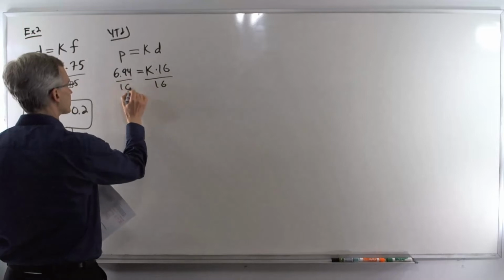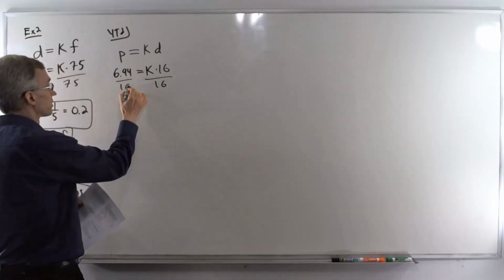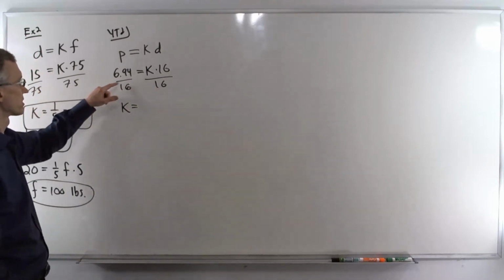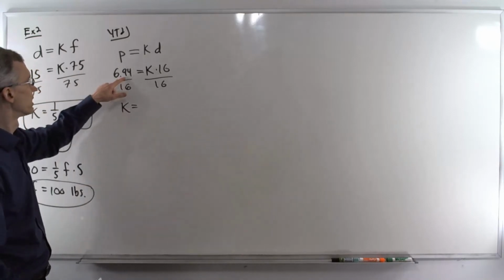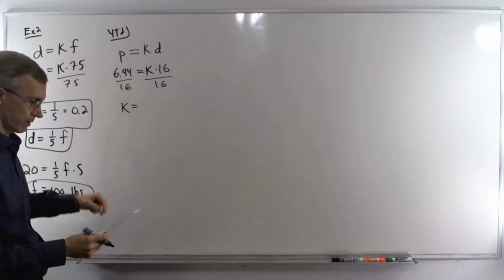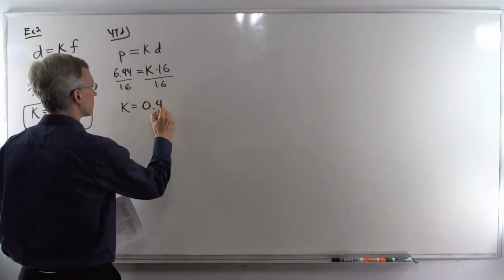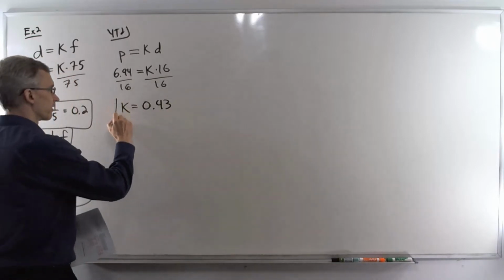Divide both sides by 16, and we get K equals, and you can always just round. Kind of a rule of thumb is to round to the same number of digits as the information that you're given. So we've got this to the nearest hundredth, so we'll round K to the nearest hundredth and get 0.43. All right, now we've got our constant of variation.